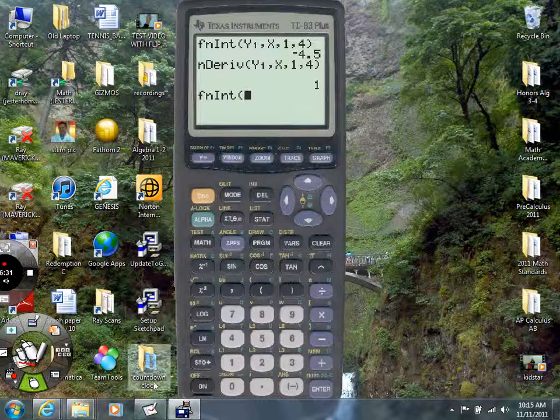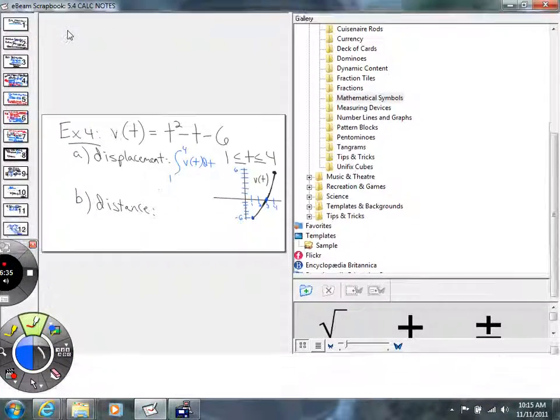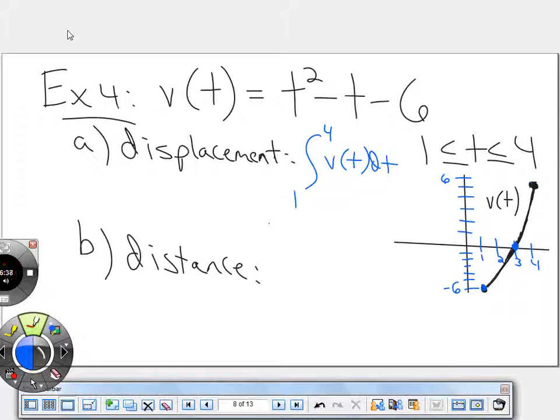All right. Back to the scrapbook here. Okay. Now what does that mean exactly? If the displacement is negative 4.5, then what in the world does that mean? That means that between the time period of 1 and 4 seconds, the object has moved negative 4.5 meters, if it's meters.